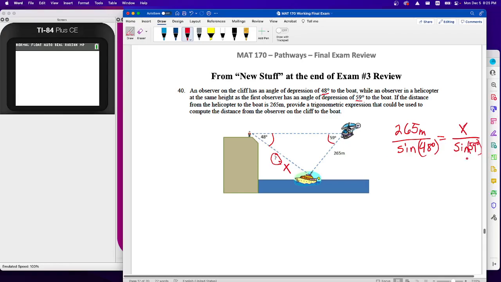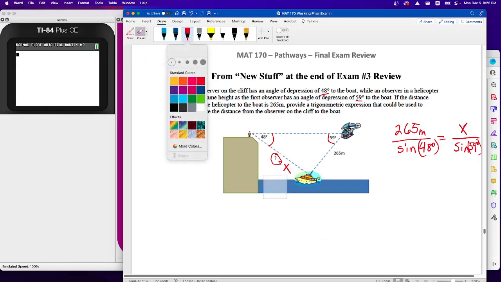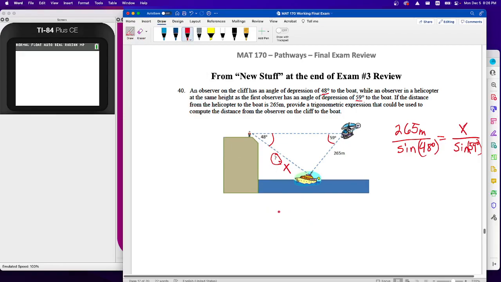So we multiply both sides by the sine of 59 degrees, and what that gives us is this statement here on the left: 265 with the sine of 48 times the sine.